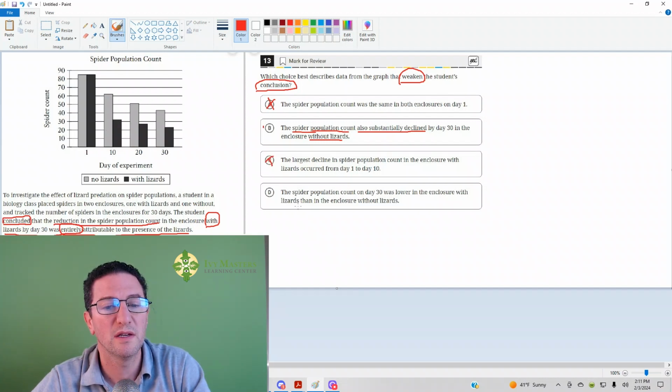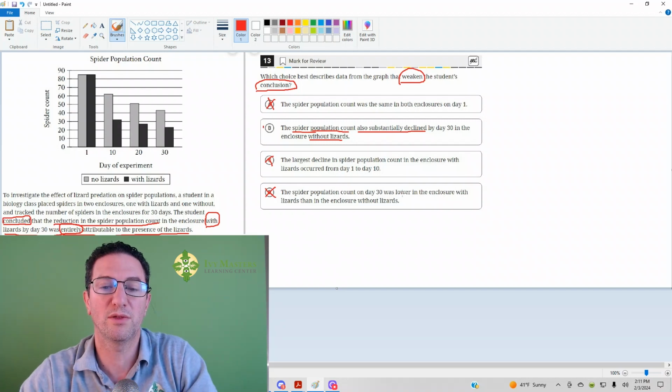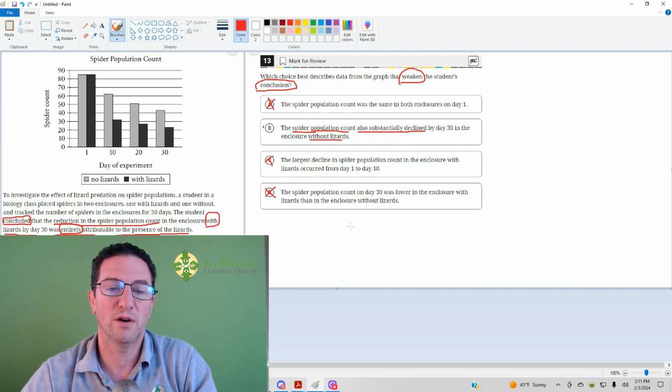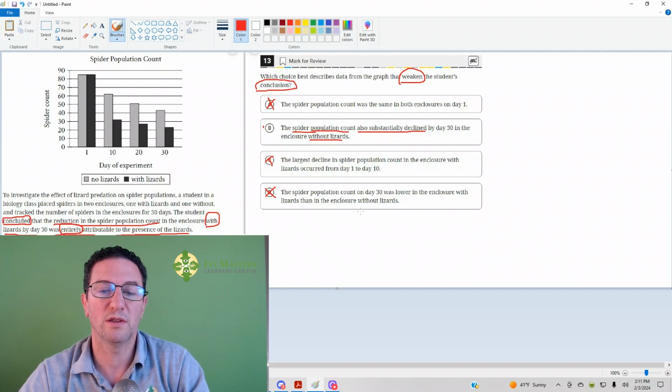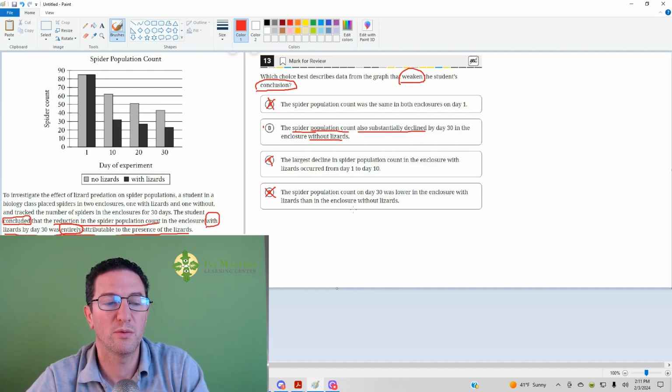Answer choice D, spider population count on day 30 was lower in the enclosure with lizards than the enclosure without lizards. And once again, that seems to support the conclusion. If no lizards was still 85, then you could say that spider population count on day 30 was lower where there were lizards than where there were none. So your correct answer is B.